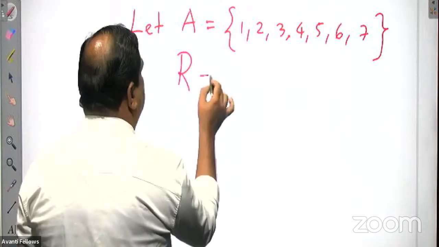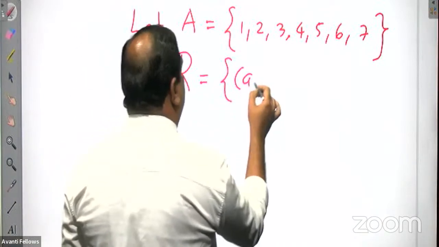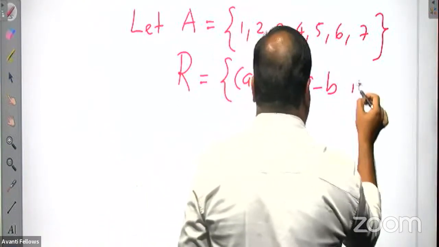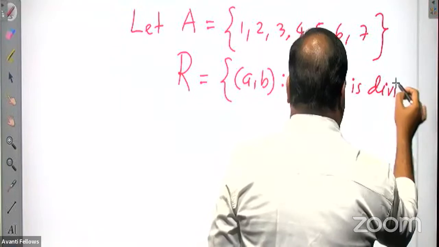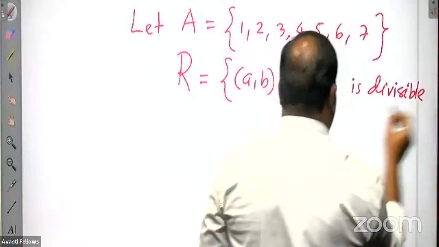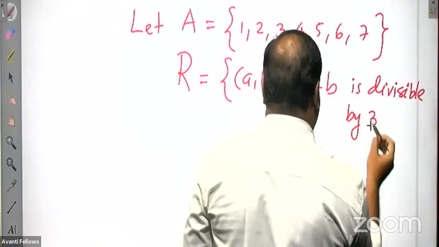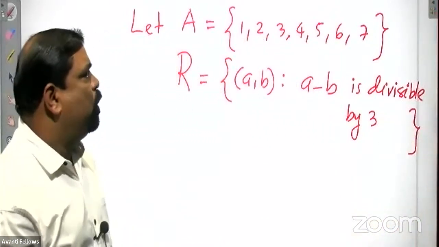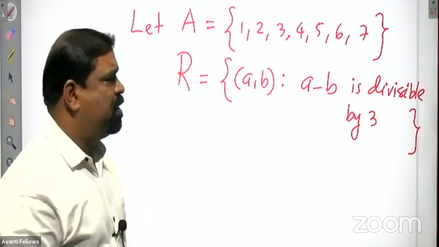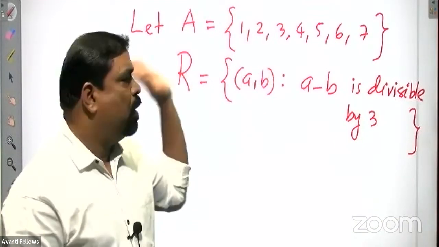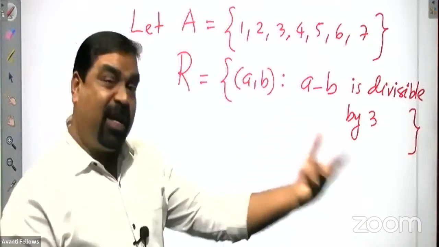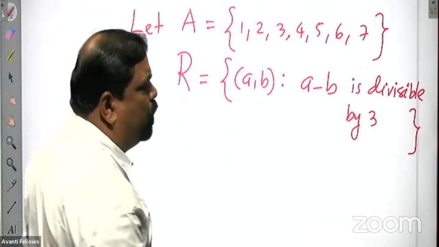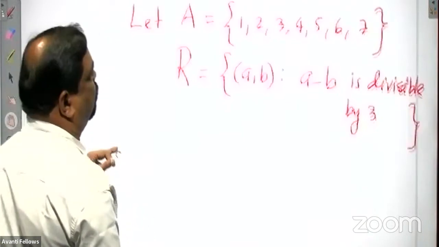And we define a relation R equal to the set of all ordered pairs (a, b) such that a minus b is divisible by 3, where both a and b belong to the set A. Okay, very simple example. Many of you may be knowing also. I just want to tell about the equivalence classes. That's why I have taken this example. So very easily we can show that this is an equivalence relation.